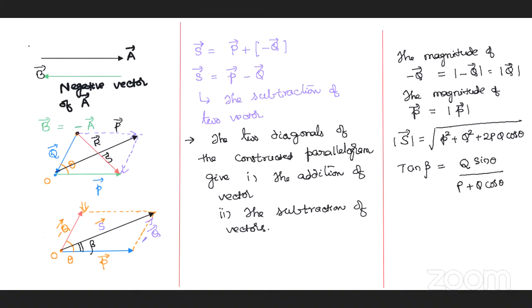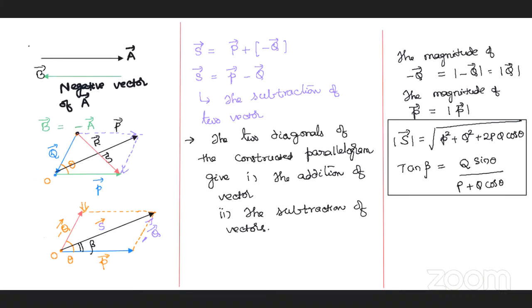Then a student may argue, sir, you are writing the same formula for vector addition as well as vector subtraction. If both are the same, what is the difference between addition and subtraction? He will ask.